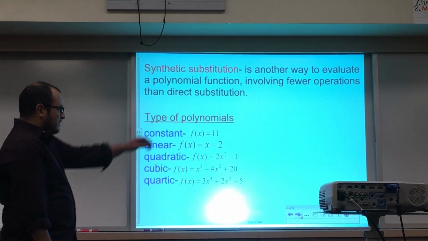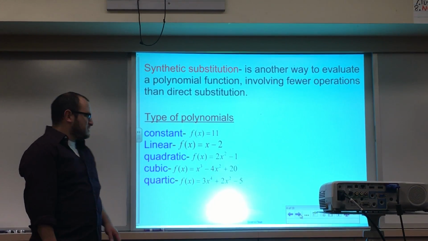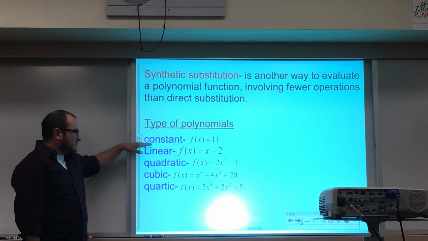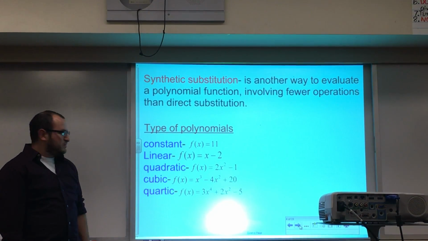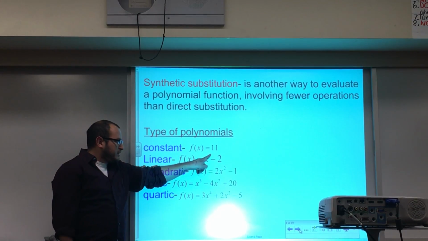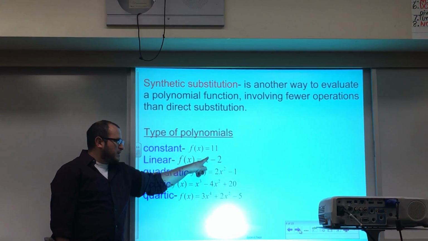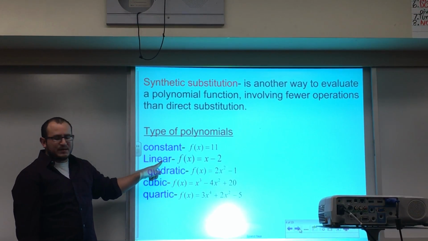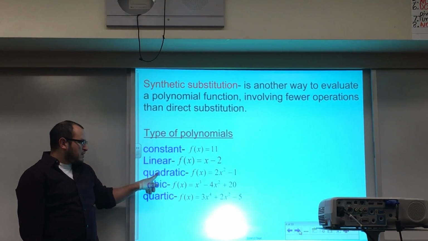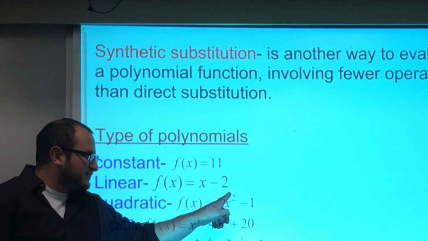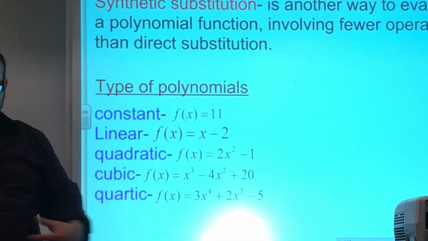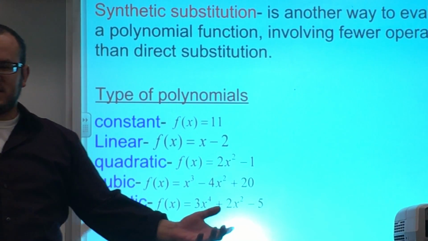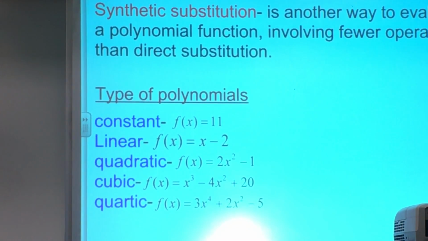Before we get to synthetic substitution, let me talk about the types of polynomials. You could have a constant. It's just a number. That's still a polynomial. The highest power in this problem is a 1, therefore the type of polynomial is linear. Quadratic, because the highest value is a 2, so we're looking at the power, the exponents. That's the reason we covered properties of exponents the first section.